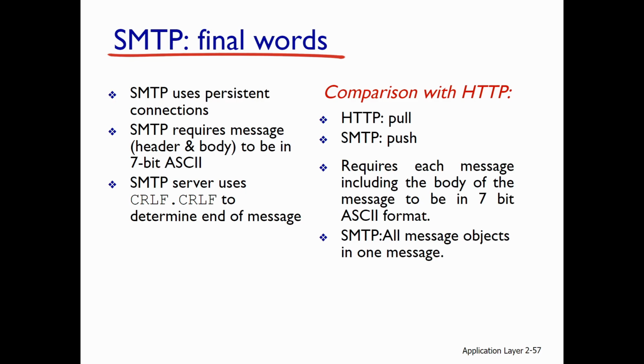The third difference is about how a document consisting of text and images is handled. Assume there are many objects, then HTTP encapsulates each object in its own HTTP response message. That means a separate response message for each of the objects, whereas internet mail places all of the message objects into one message.